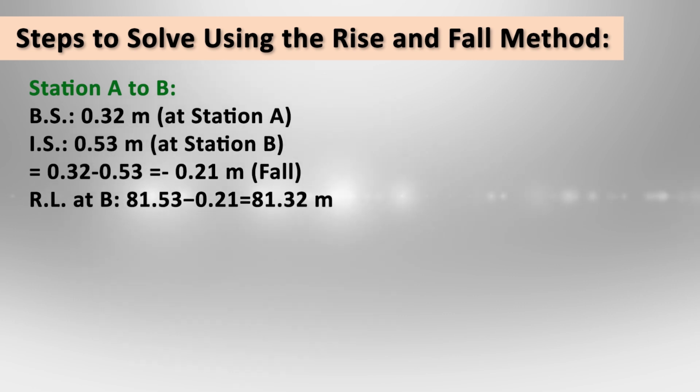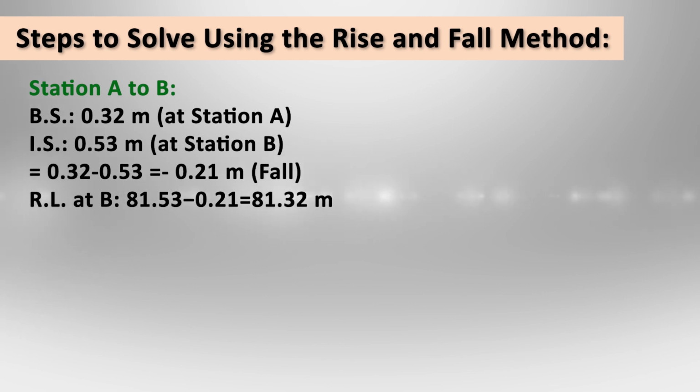We will move from station A to station B. The backsight given to us is 0.32 meter, as we have jotted down in our field level book at station A, and the intermediate sight is jotted down as 0.53 meter at station B. We will subtract 0.32 minus 0.53, which will result in minus 0.21 meter.